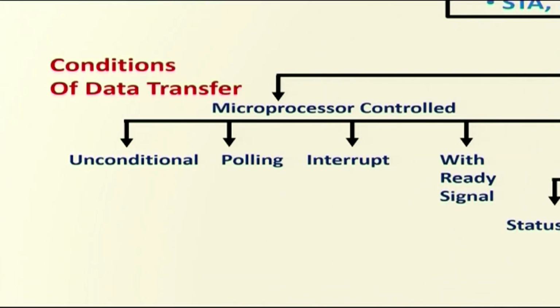For example, if a keyboard is connected with the microprocessor, the microprocessor keeps on checking whether any keys are pressed or not. Till the keys are pressed, it will continuously monitor and read the status of the keyboard, that is the polling. So, during this kind of polling, time is wasted and it repeatedly reads the same data.